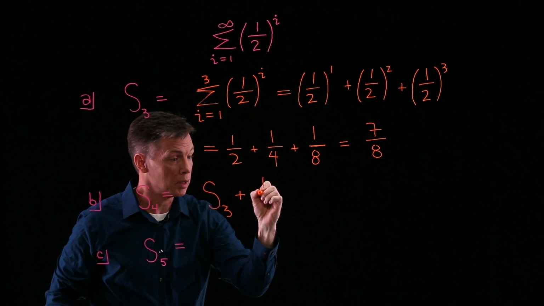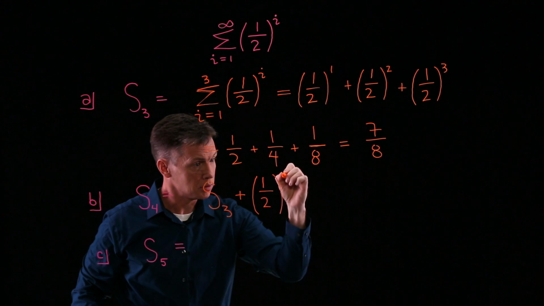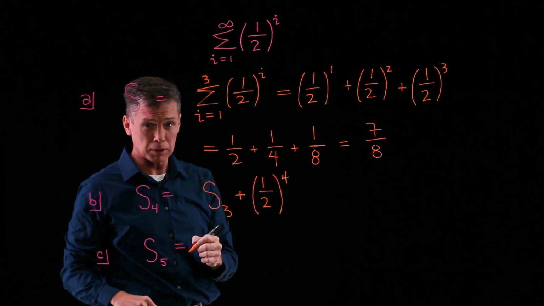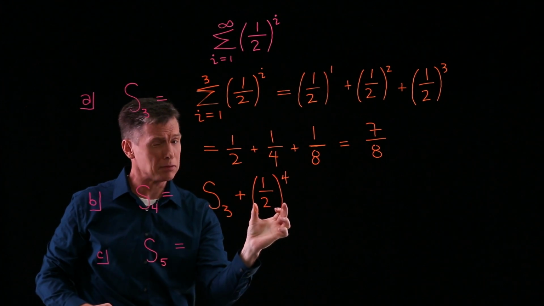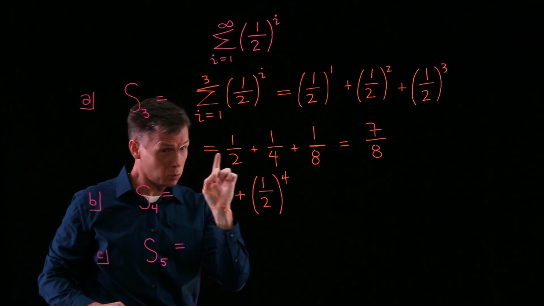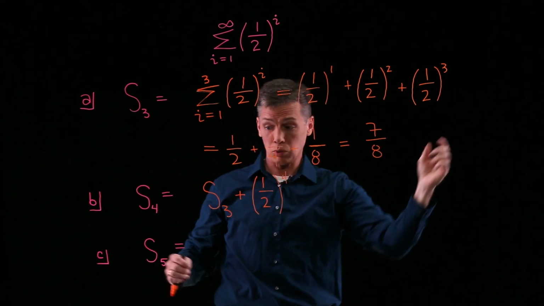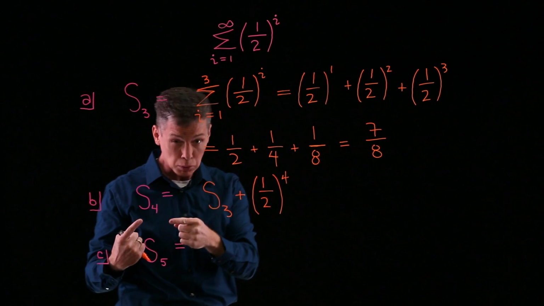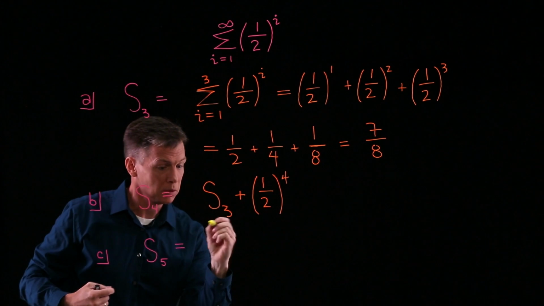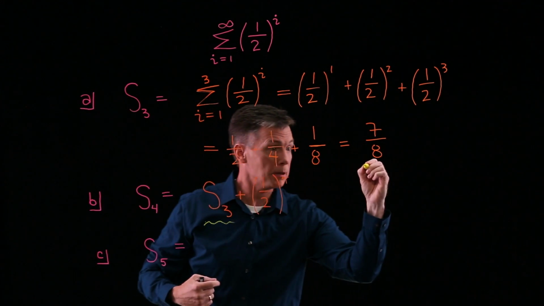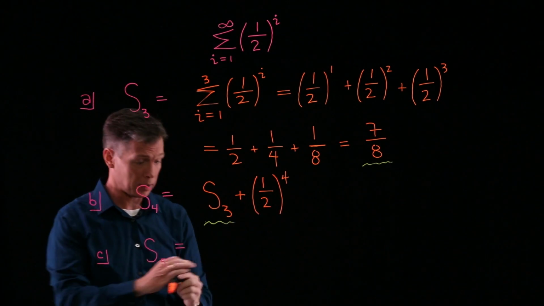So I'm just going to go to 1/2 parentheses exponent of 4. Make sure you're seeing that that 1/2 to the 4th power that I just wrote would have been the next term right there. And that's why I can use it now for my fourth partial sum, is just pick up where you left off. That's right here, right there. But add this fourth term, okay?